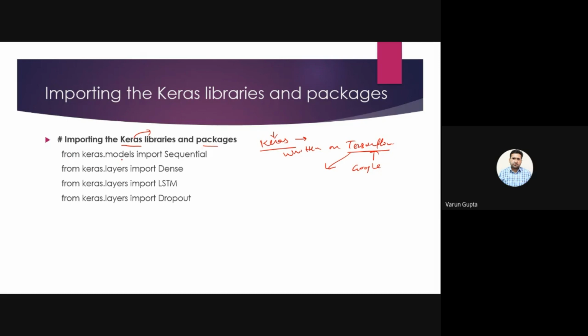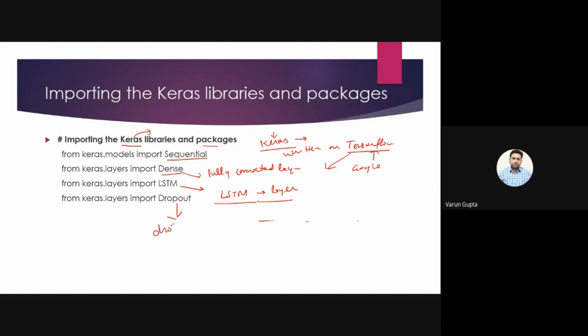From the Keras models module, we are importing the Sequential model, that is, the sequence model. You can add layers to this sequential model. We are importing the Dense layer, meaning the fully connected layer, and the LSTM layer. LSTM is inbuilt in Keras, so you can just use this layer to implement LSTM. And Dropout. You must be knowing dropout.